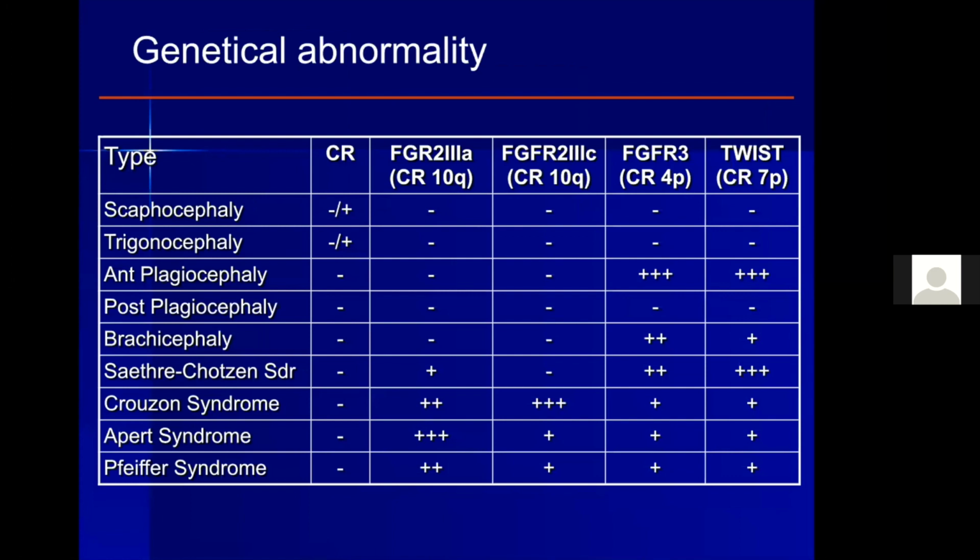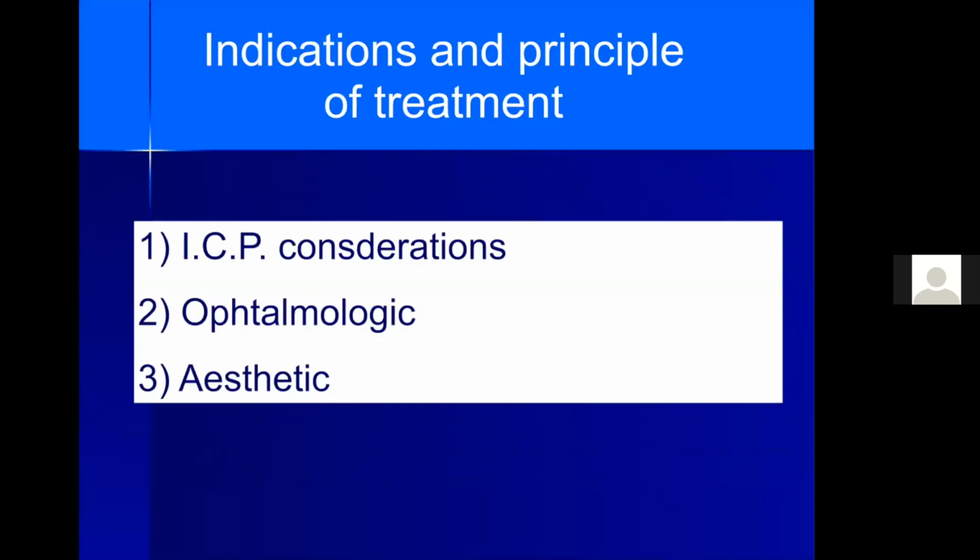You can see that the most involved genes are FGFR, fibroblast growth factor receptor 2, 3, and 2C, and then FGFR3 and the TWIST gene. They are quite involved in anterior plagiocephaly, in brachycephaly, and of course in all syndromic craniosynostosis.